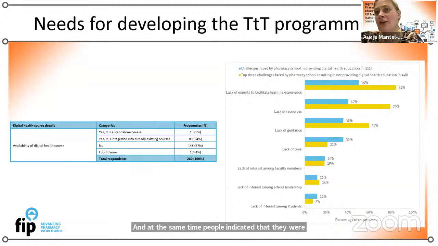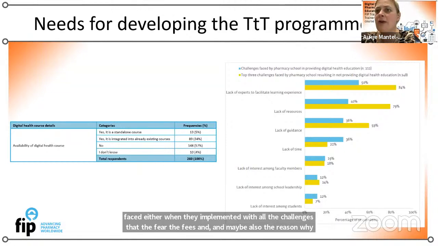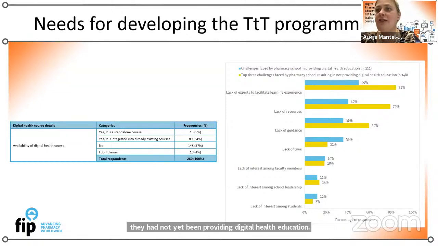And at the same time, people indicated that they were interested in doing so. But when we asked them what the challenges are that they faced, either when they implemented it or the challenges that they fear they face, and maybe also the reasons why they had not yet been providing digital health education, you can see that at top of it is lack of experts to facilitate learning experience. Because many of us working in academia, in pharmacy schools, are not expert in digital health ourselves.